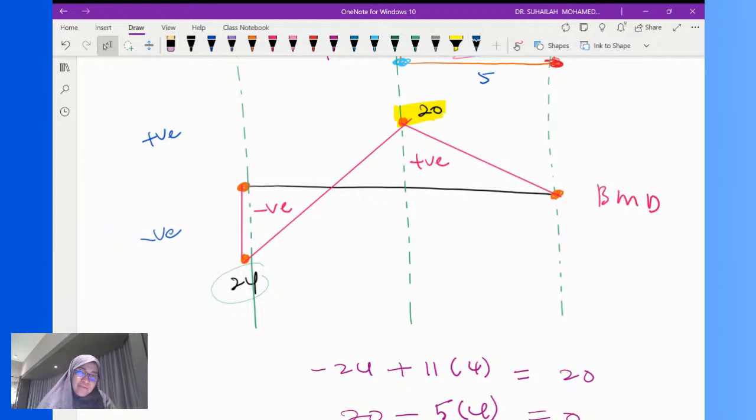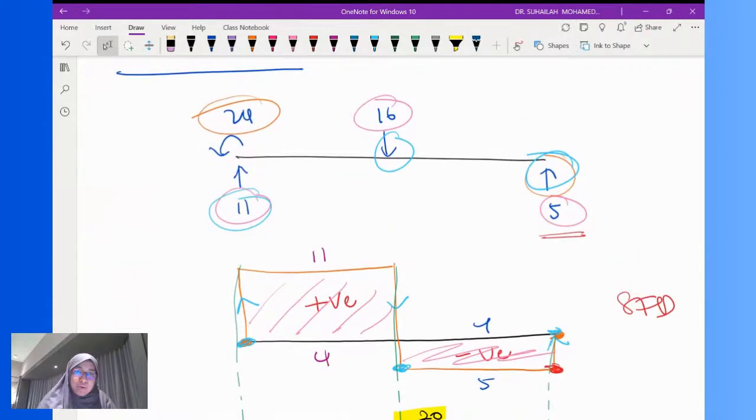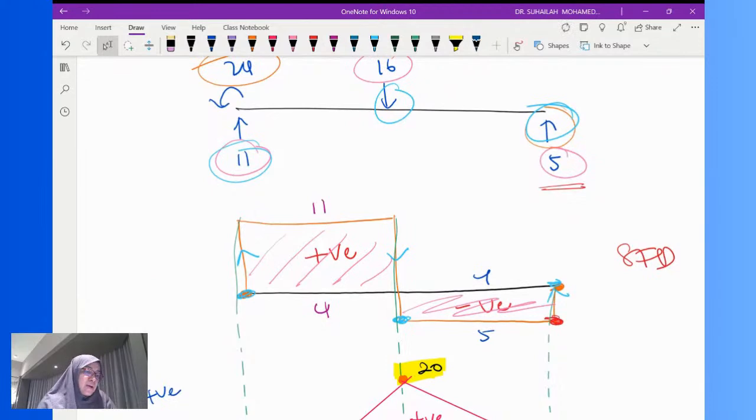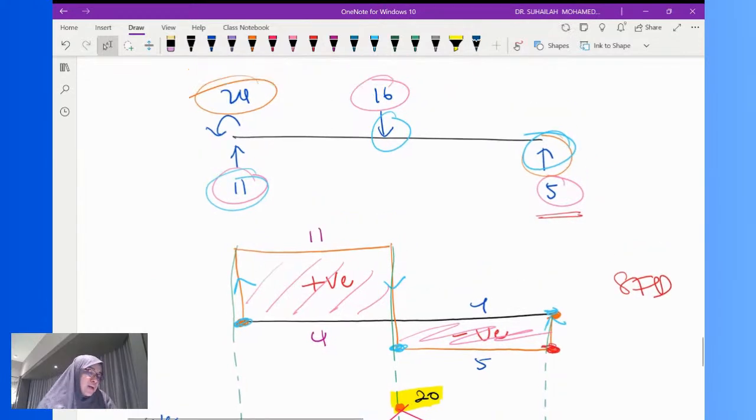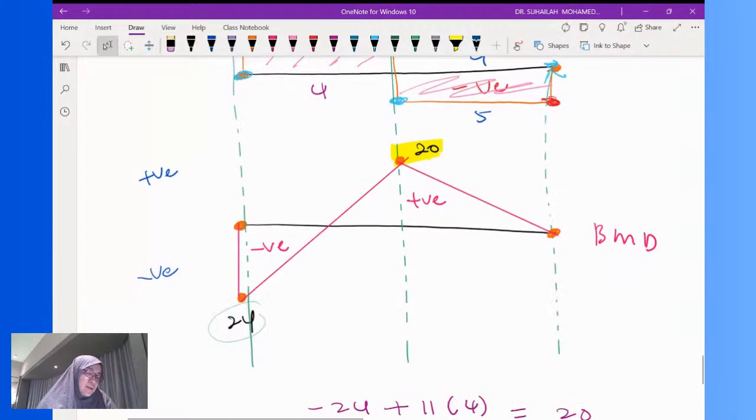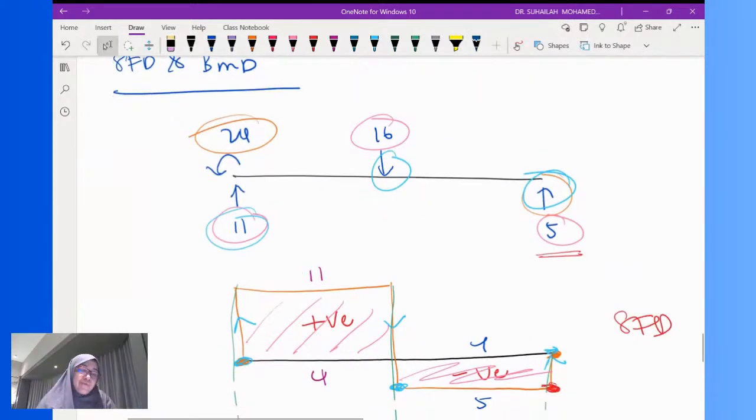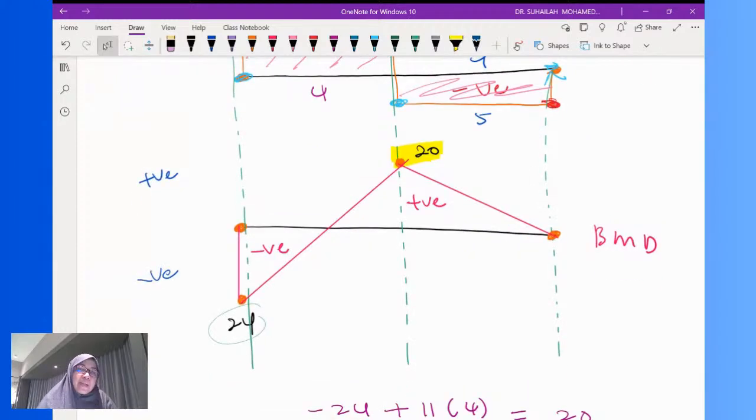It is a straight line because it is a point load. It will have a curved line if the UDL is the external loading. In this case, there is only one point load, so we get the BMD like this. The maximum moment is at B, where the moment is 20.